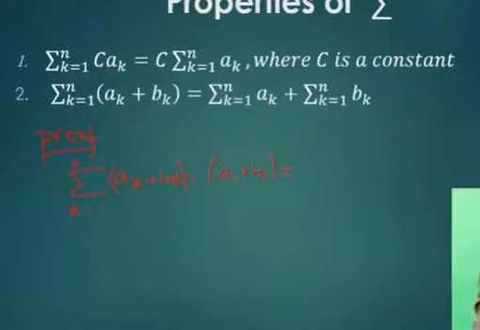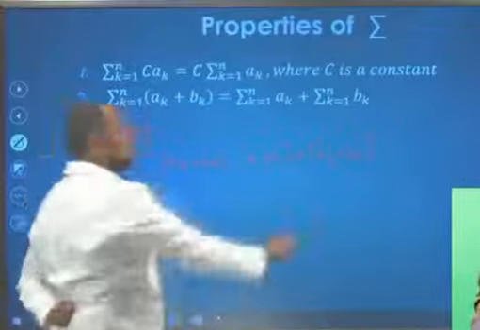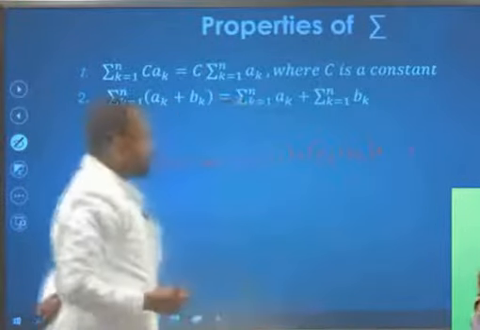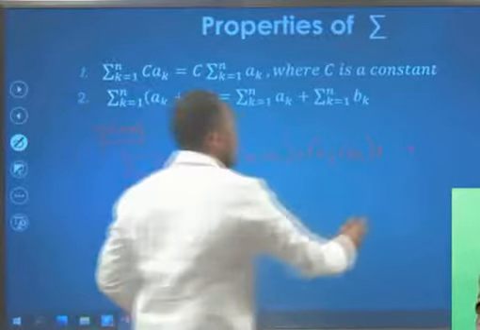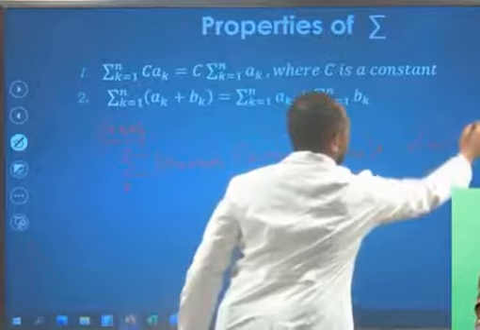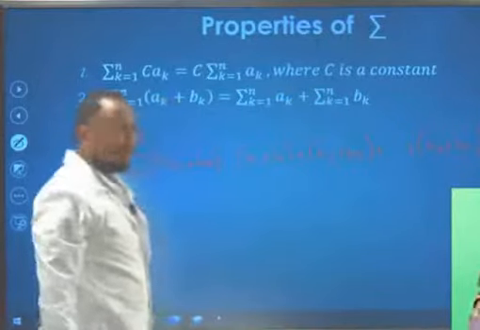When you put 2 here, you get a_2 plus b_2, plus it goes on up to the nth term, which is a_n plus b_n.